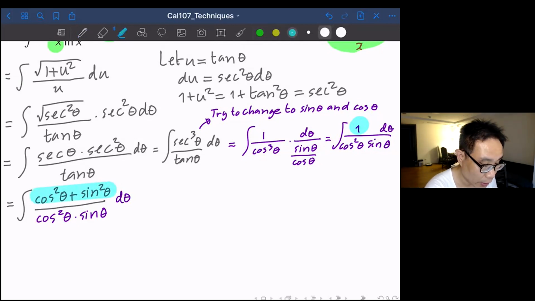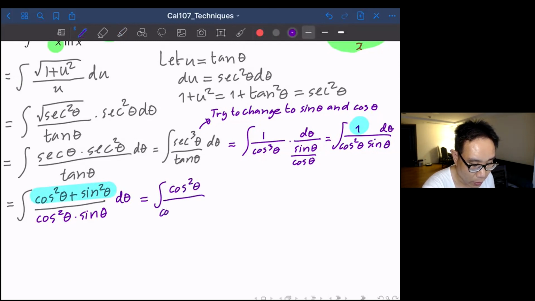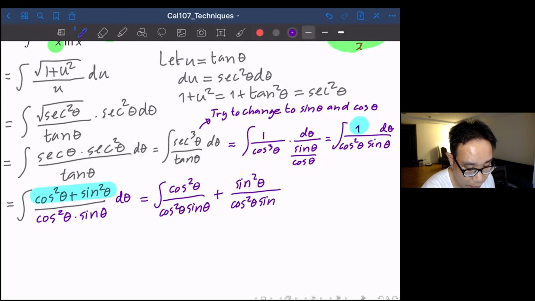This will allow you to have two terms. It's going to be the integral of cos squared over cos squared sine, plus the integral of sine squared over cos squared sine d theta.